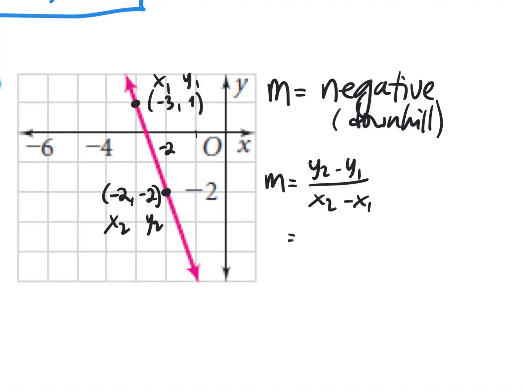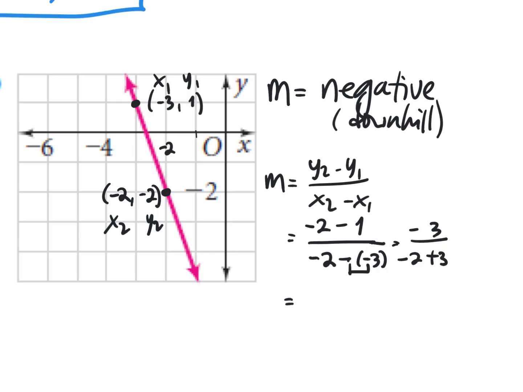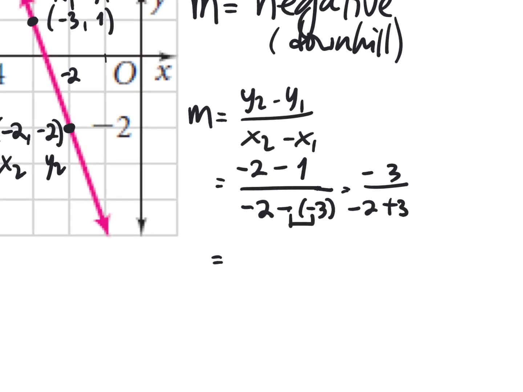My y2 is going to be negative 2 minus 1, divided by my x2, which is negative 2 also, and then my x1 is negative 3, that's going to be minus negative 3. Okay, so this is going to be negative 3 over negative 2 plus 3. Why plus 3? Because the two negatives there will be multiplied together. It will result to positive.